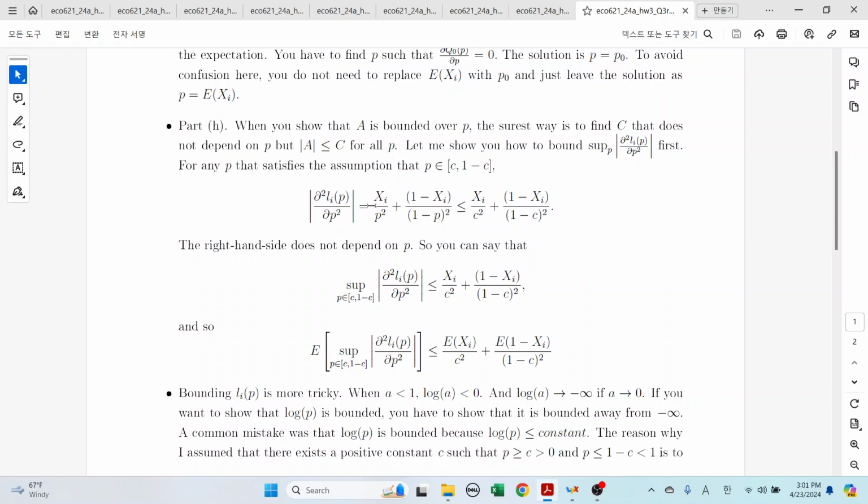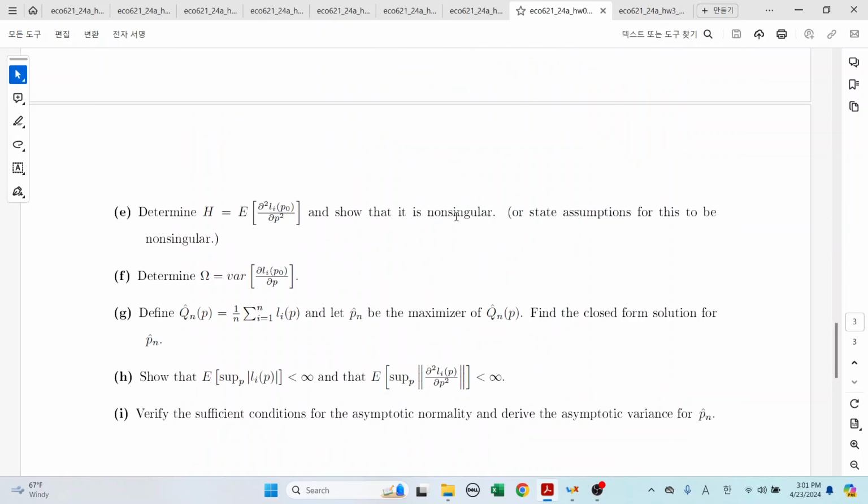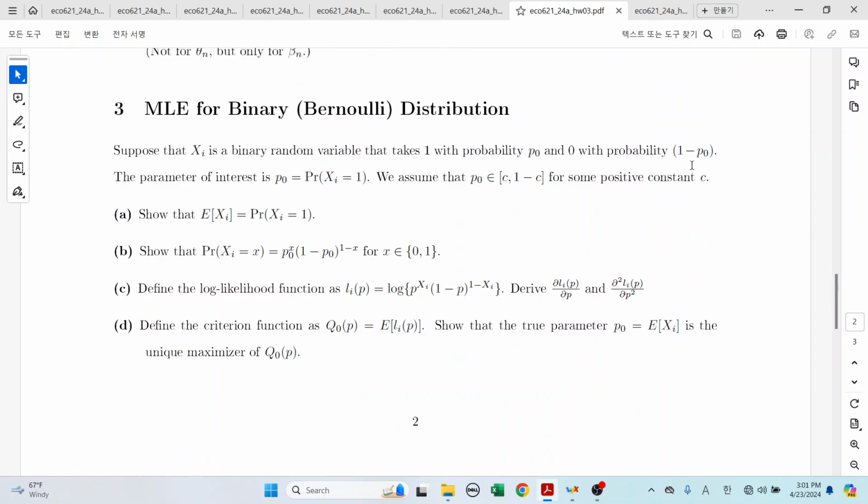Originally you have to have a minus sign here and here, but they go away because you make everything positive. And then the denominator P will be bounded by 1 over P will be bounded by 1 over C because we assumed this, right?